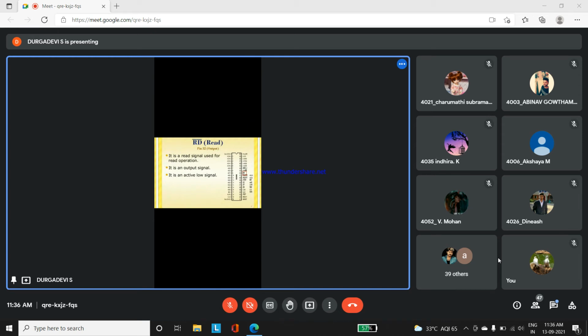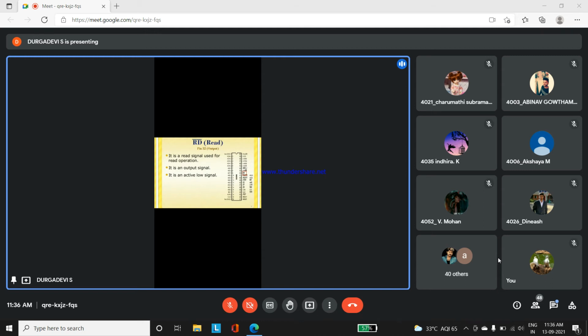Read means this will go to a memory. It will enable your memory and read operation will take place. Similarly, if I want to read from an input device, I have to place the port address. Second thing, I have to send an RD signal. Suppose I want to write some data, you have a different control signal, WR bar.